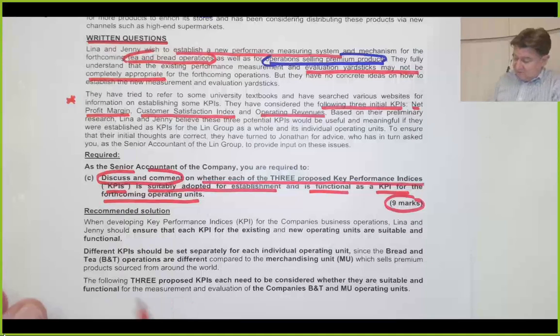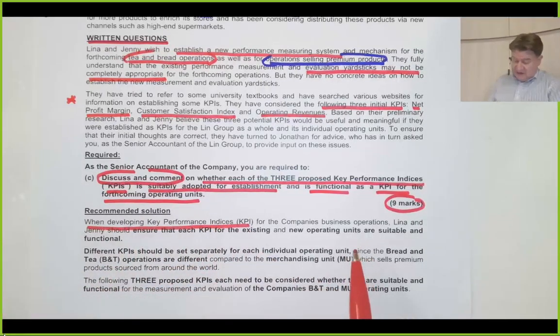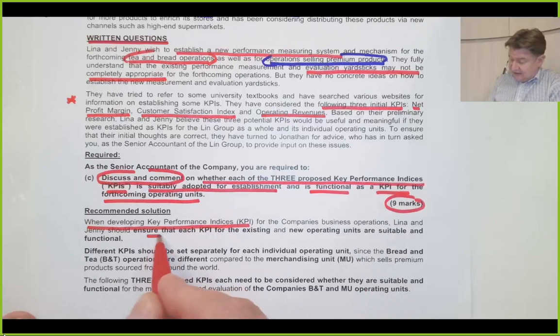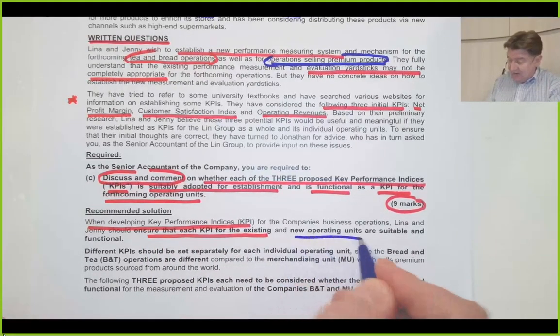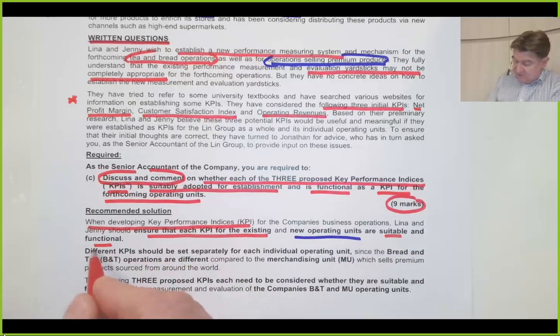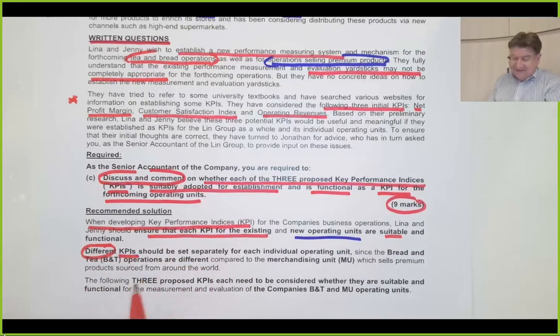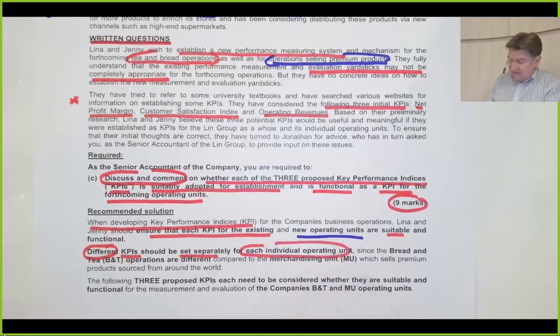So first of all, when we start developing these KPIs for the business operations, we need to ensure that the KPIs for existing, as well as some newer operating units, are suitable and functional, because we should be thinking here about setting different KPIs. This is set separately for each individual operating unit.